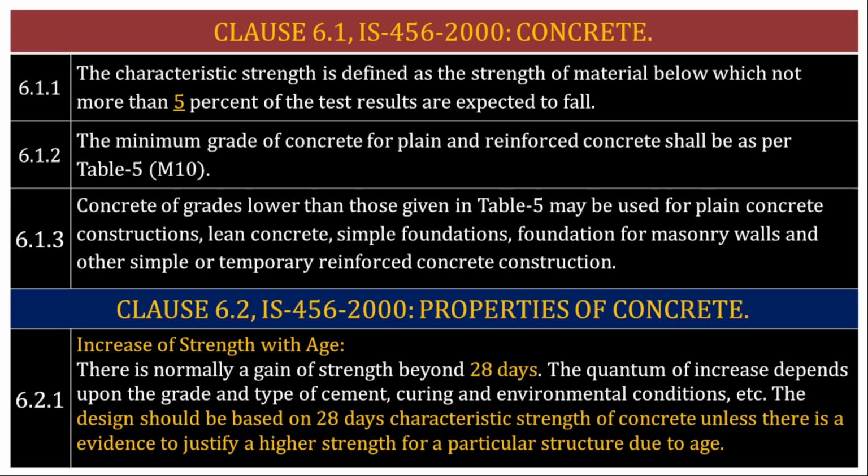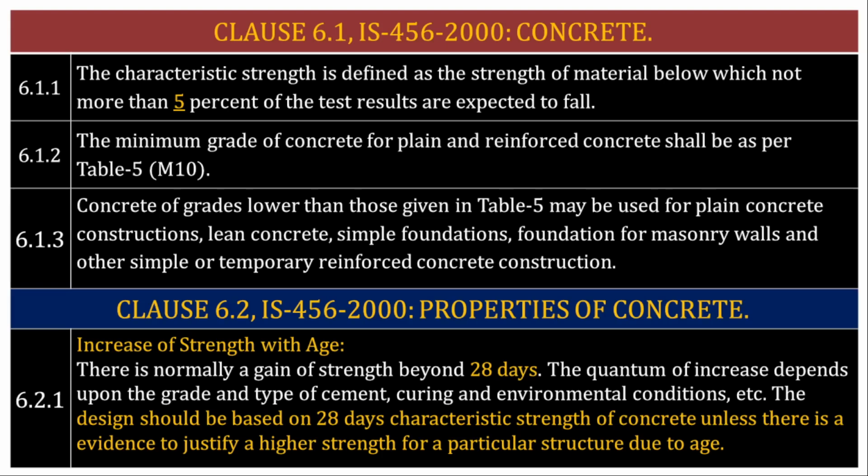The minimum grade of concrete for plain and reinforced concrete shall be as per Table 5, M10. Clause 6.1.3. Concrete of grades lower than those given in Table 5 may be used for plain concrete constructions, lean concrete, simple foundations, foundation for masonry walls and other simple or temporary reinforced concrete construction.